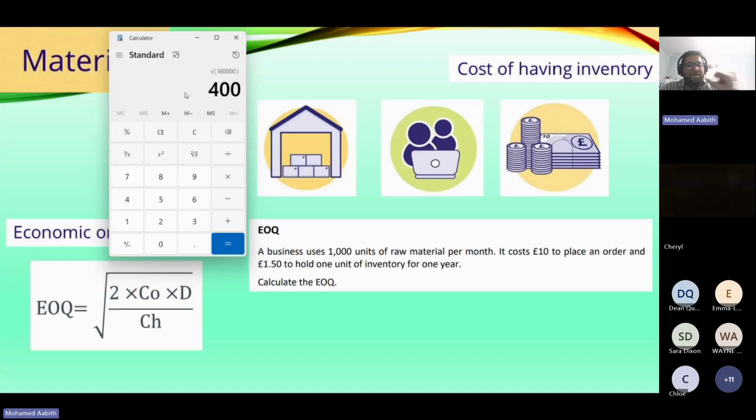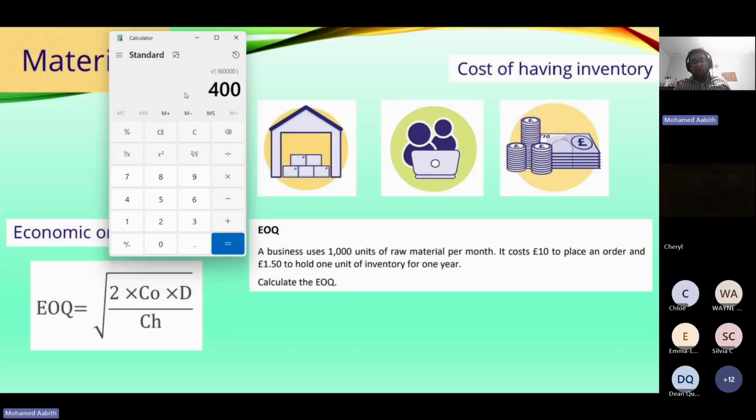We keep ordering 400 until it reaches what we can call the buffer level, and then we order 400 again. That means we need some sort of reorder level. We will get to that later. But for you, the economic order quantity, according to what we have calculated, is 400. Every time I make an order of 400, I am doing what is best for the business, because that is economically viable.